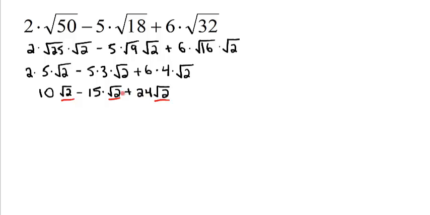We've got the same radicand, so that means we could add or subtract whatever values are in front of those radicals. So 10 minus 15, that's going to be negative 5, and then negative 5 plus 24 is going to be a positive 19, and then that's times the square root of 2, and that is our final answer.